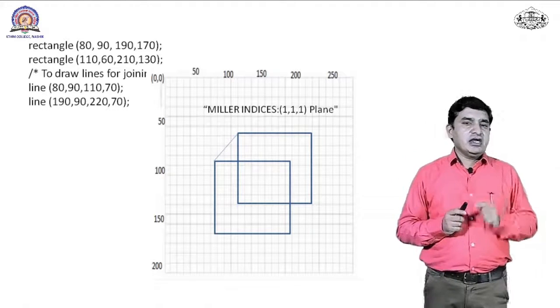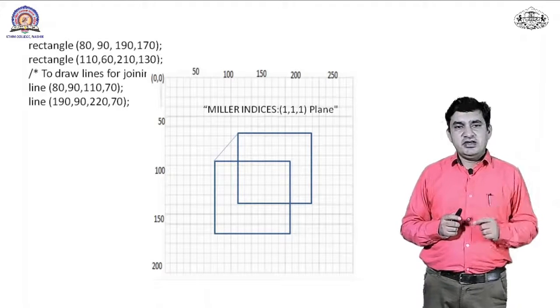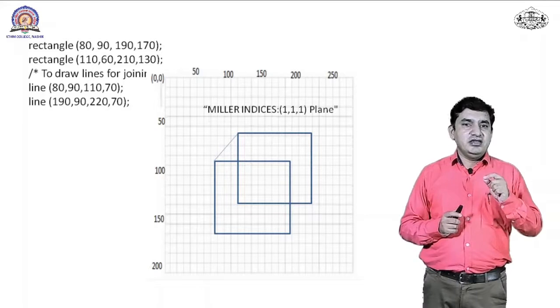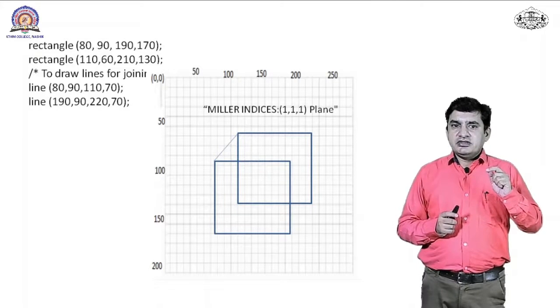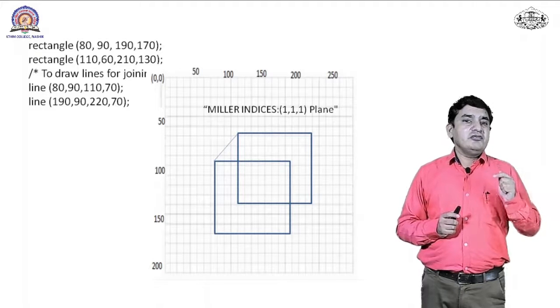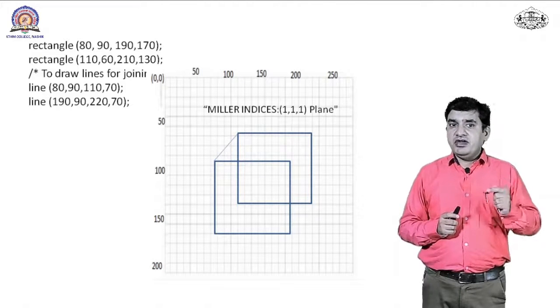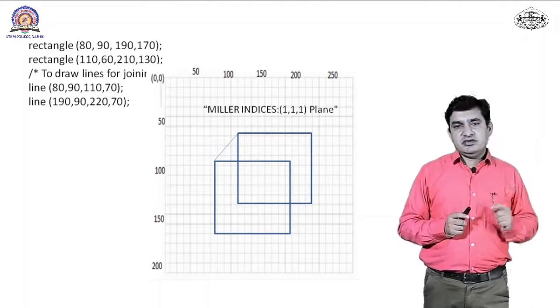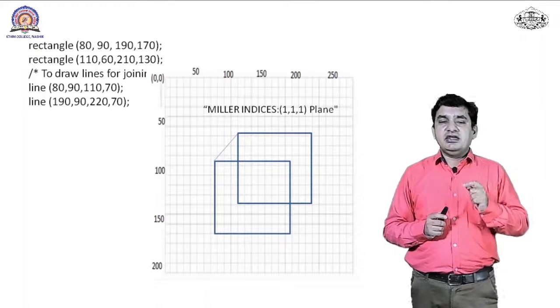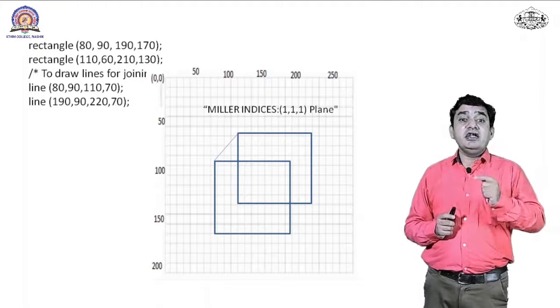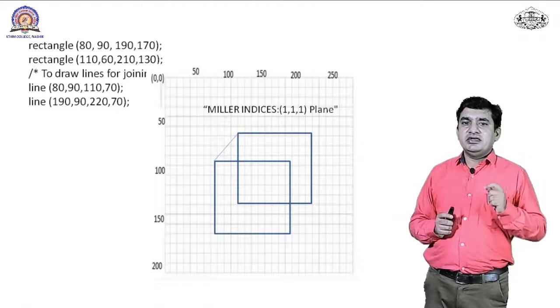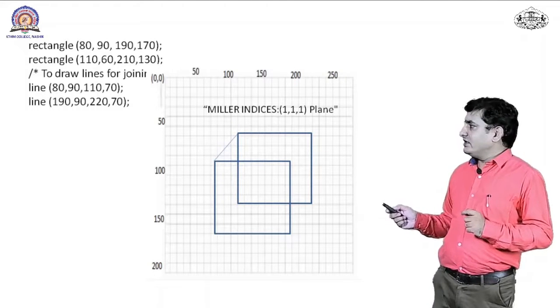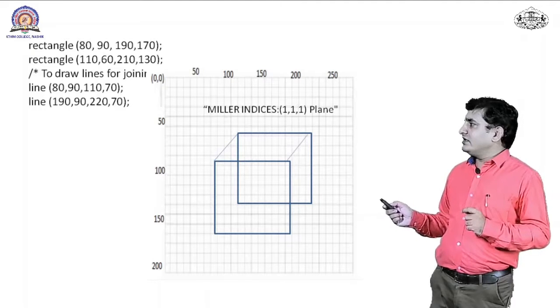The second line: 190, 90 is the coordinate of the starting point of the line, and the end coordinate is 220 and 70, and the line is like this.